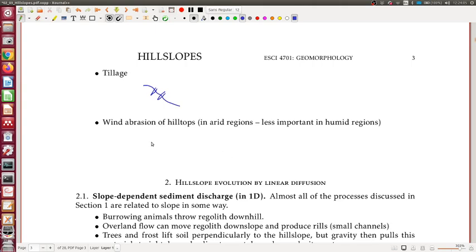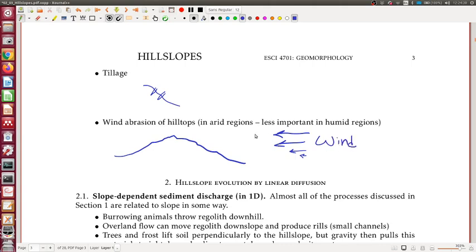And then one last process that some of the students brought up was abrasion of hilltops by wind, and that's also important. So if you imagine that we have this hilltop sticking up above the landscape, and we have some wind moving towards it, the wind is going to be faster towards the top of the hill, especially if it's an isolated hill, than it is at the bottom.